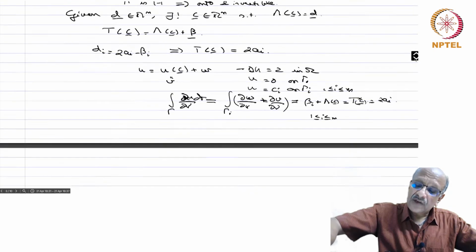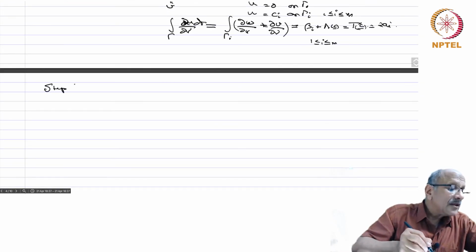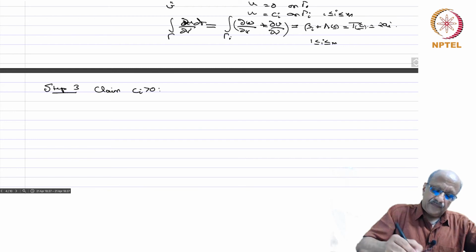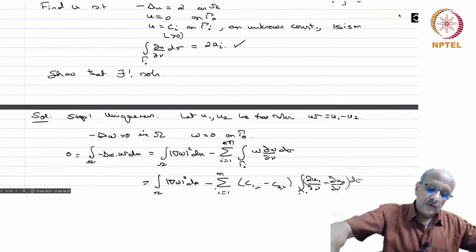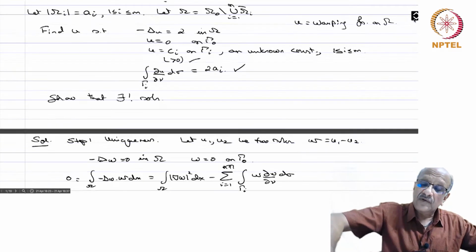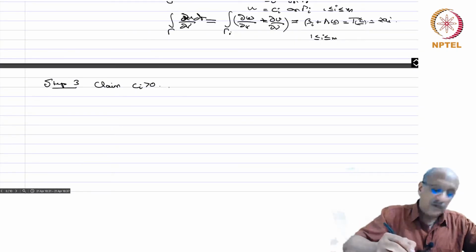But we still have to check. So step 3, claim: Ci is positive. Okay, that was also one of the conditions in the original problem, Ci which is positive. So we have to check that, and therefore we have to claim that Ci is positive, 1 less than or equal to I less than or equal to m.